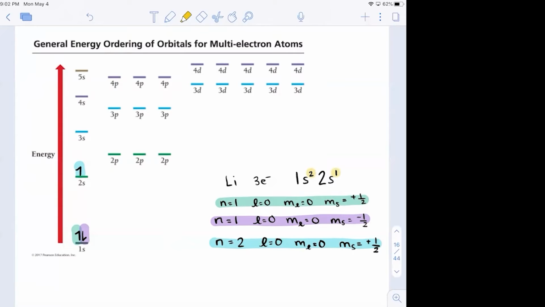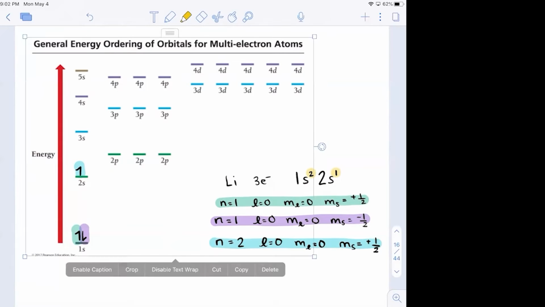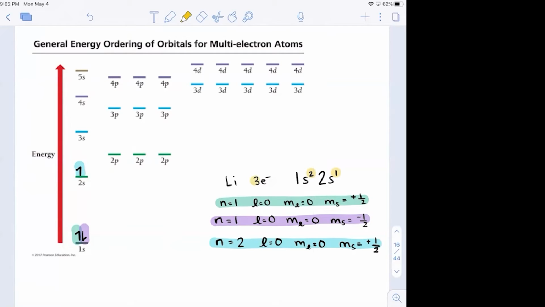Notice that the overall exponents should add up to the electron count, and that is our final end of the day electron configuration. It tells us a huge amount of information about not only quantum numbers, orientations, spins, and energies of the electrons within this element.